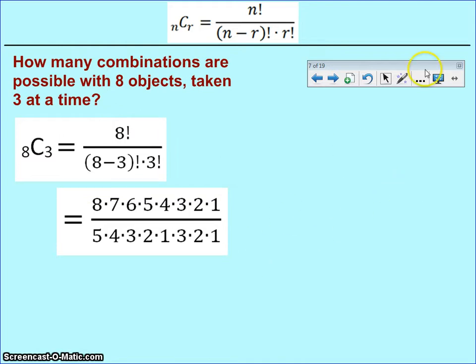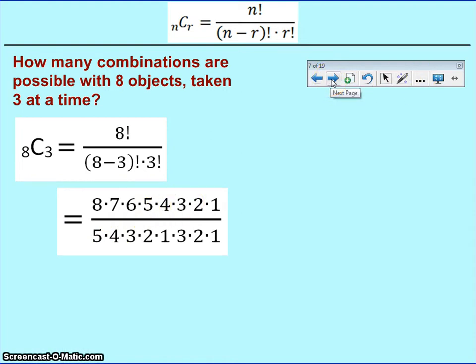Then you'll notice that you have a 5, 4, 3, 2, 1 here, and you have a 5, 4, 3, 2, 1 here. So the 5, 4, 3, 2, 1s cancel out. Some people are very tempted to cancel out these 3, 2, 1s and 3, 2, 1s. That's fine, but just know that you also have a 4 and a 5 up here in common that you can also cancel out.